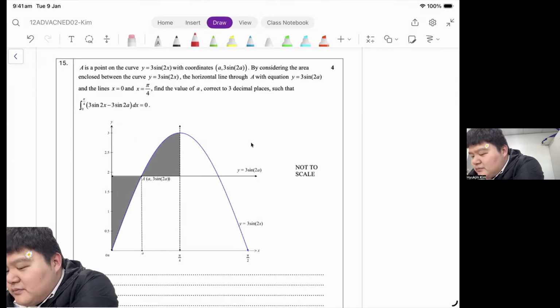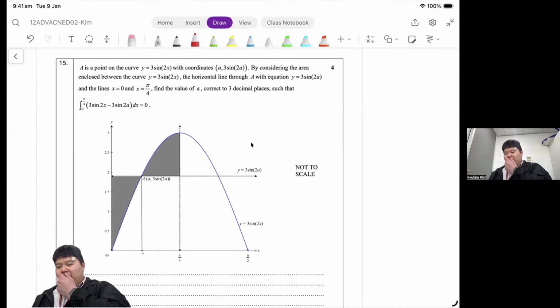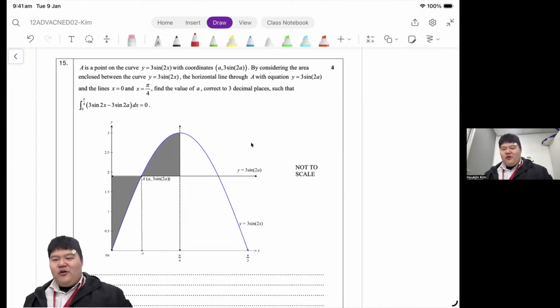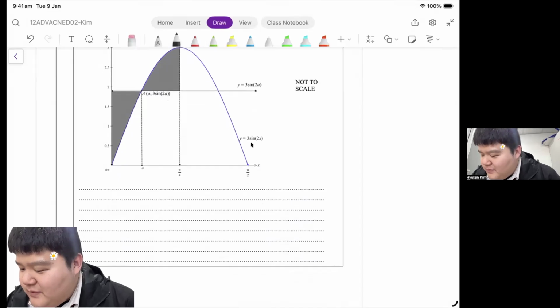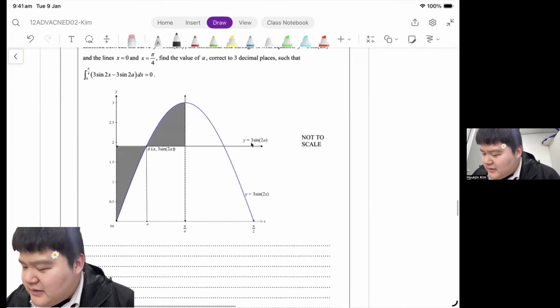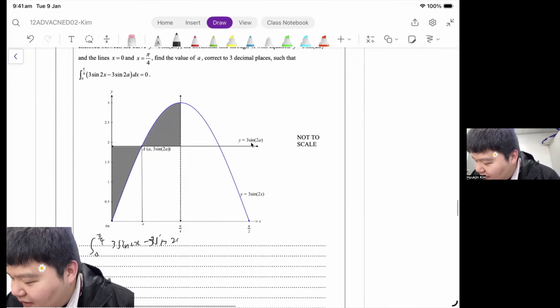Wait, no, they made you overthink it, but I think it's just algebra. You literally just have to do this integral from 0 to pi on 4 of 3 sine 2x minus 3 sine 2a dx equal to 0.